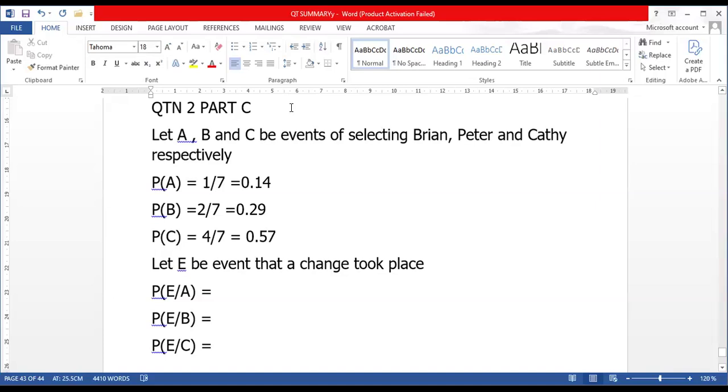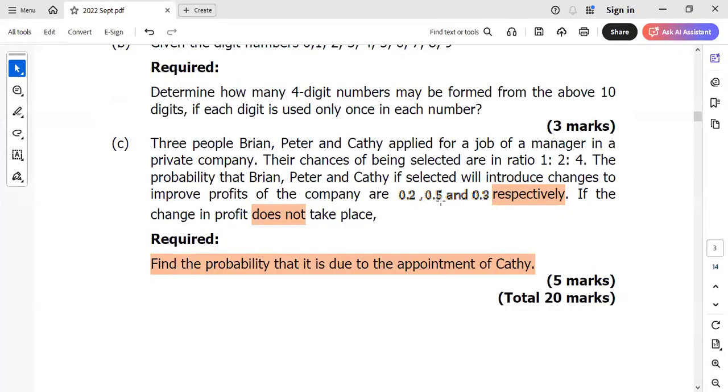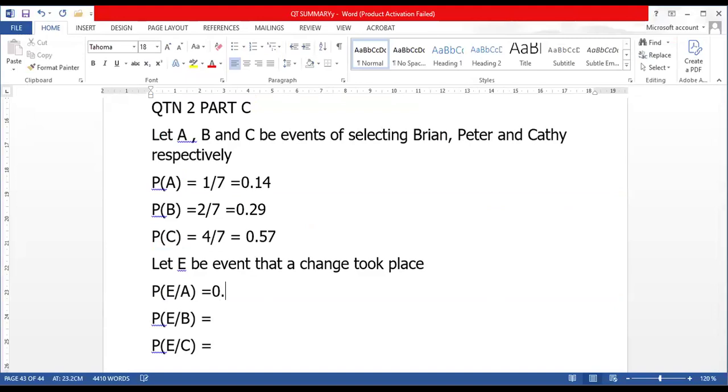And in the question, what are these probabilities? Because we are told the probability that Brian, Peter, and Cassie, if selected, will introduce changes to improve profits of the company. So we have 0.2, 0.5, and 0.3. This is 0.2, this is 0.5, then this is 0.3.